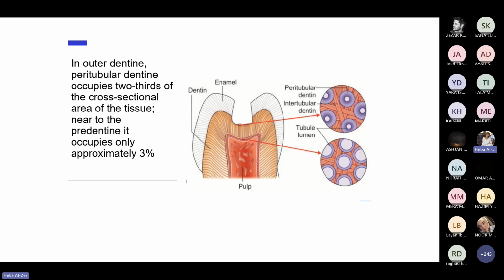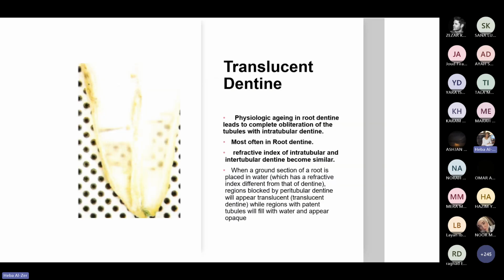With age, actually, the peritubular dentine starts to close these tubules. Sometimes all the tubule is closed with peritubular dentine, and most probably that's going to happen in the root, which makes the whole dentine composed of mineralized collagen matrix.